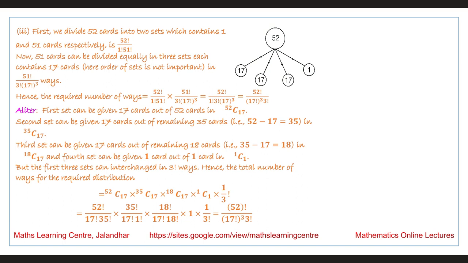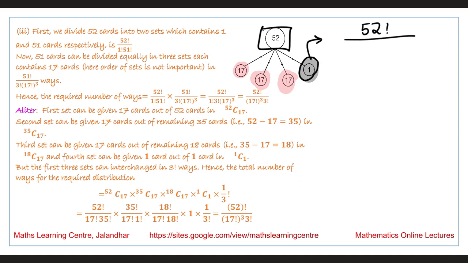Now the next case is that these 52 cards are to be divided among 4 groups, where 3 groups should have 17 cards, and the 1 group should have 1 card. So this last group has 1 card. The number of ways of doing this: the total cards we have is 52.